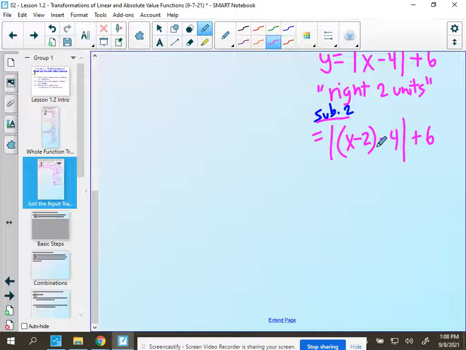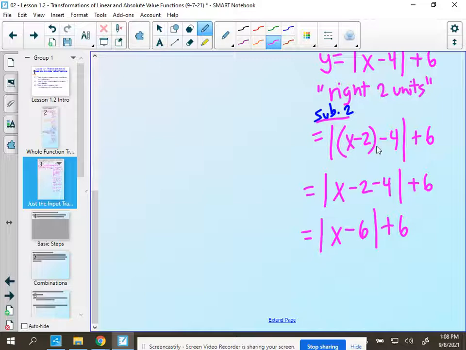So it's really like, if you want to see the steps of it, x minus 2 minus 4, and then that plus 6 is totally separate. But this at least allows me to simplify a little bit, right? We can get that negative 2 and that negative 4 together. So this one would finish as absolute value of x minus 6 plus that 6.